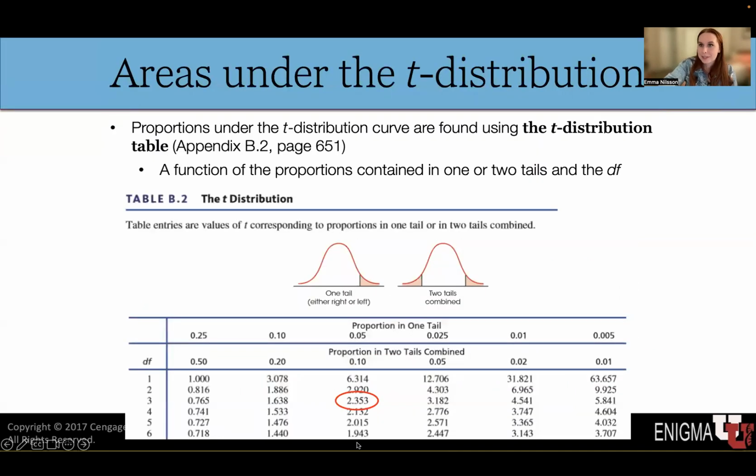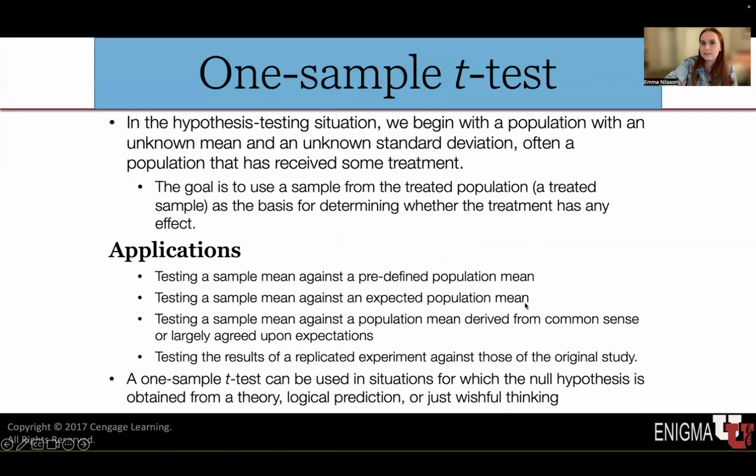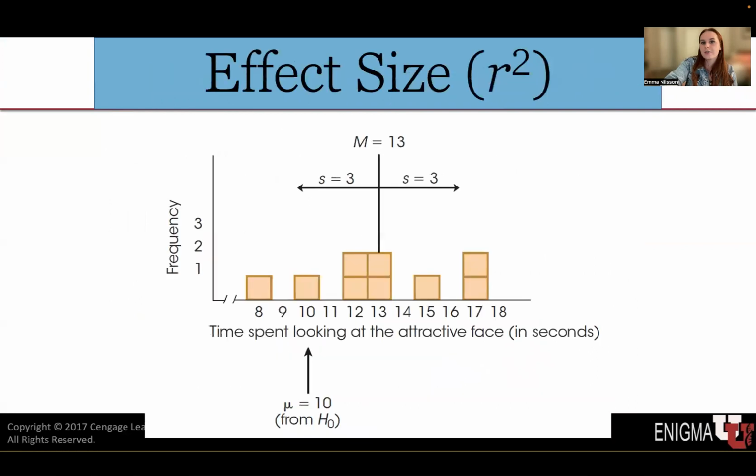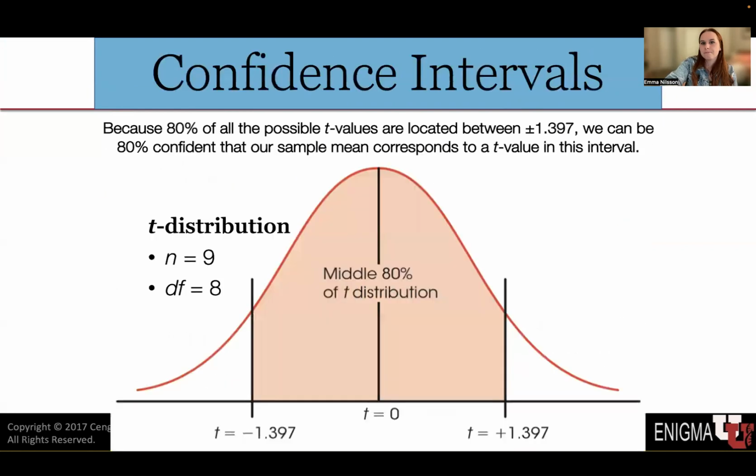We're going to use this same table, but instead of using this proportion part to calculate our alpha, we are going to use it to say, for example, we want 80% of our t distribution to be in the middle, and we want 20% on the outside. So that's 10 and 10. We're essentially saying we want a two-tailed 20% alpha value, even though that's not what this is. And we're going to use that to find our t critical values here.